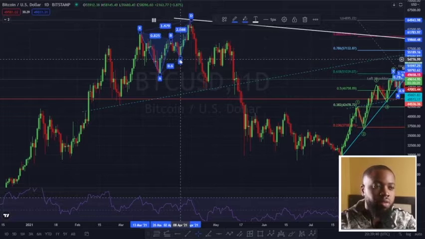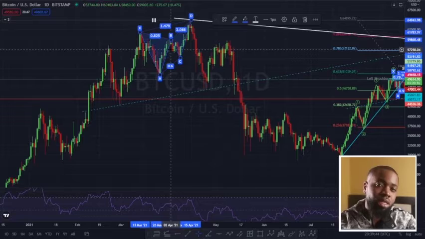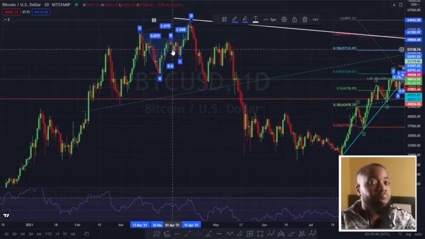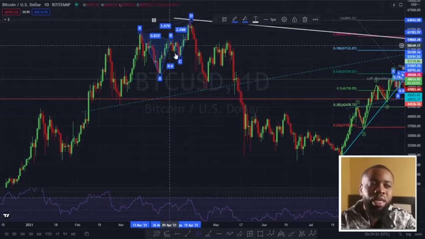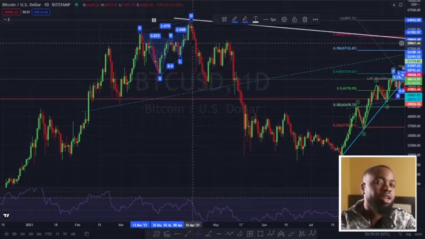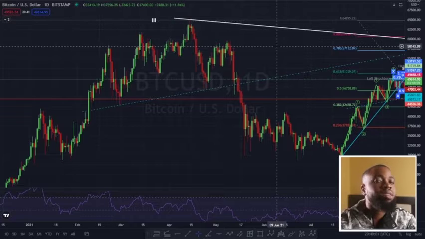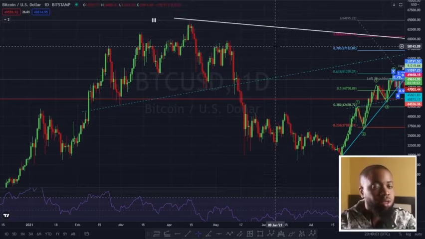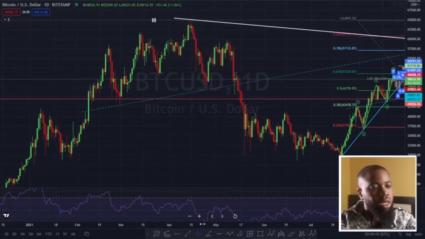I don't think this is a butterfly anyways, but whatever kind of harmonic pattern this is, it's a harmonic pattern. That's what's important. All right, so now let's move on. Now we know that we had a harmonic pattern after the break of this trend line. Let's also see what happened on the daily time frame. This is all part of the fractal that I'm talking about, so pay close attention to what I'm showing you guys right now. So we had this harmonic pattern.